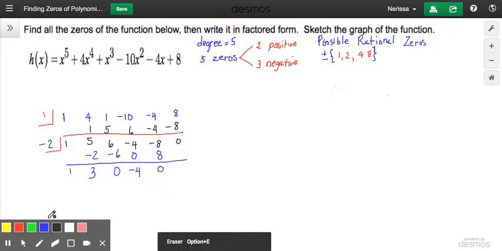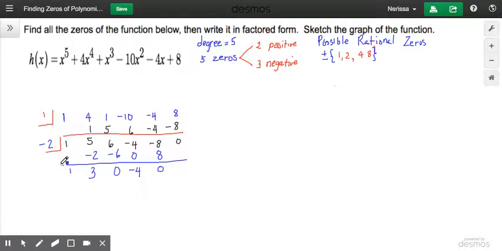Okay, so let's try positive 2. We tried positive 2 already. So let's try forwards.